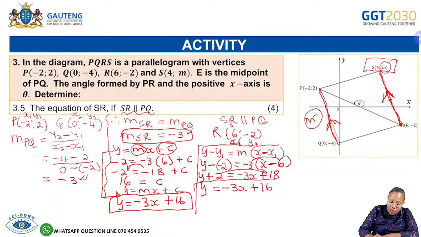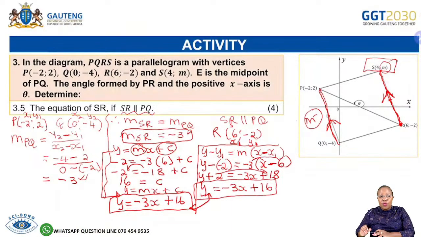Can you see, grade 12? We end up with exactly the same formula, whether you use any of the two equations there. It's up to you which one is the simplest way for you. Now let's look at the mark allocation. The first mark will be for calculating the gradient of PQ, substitution, and the gradient.